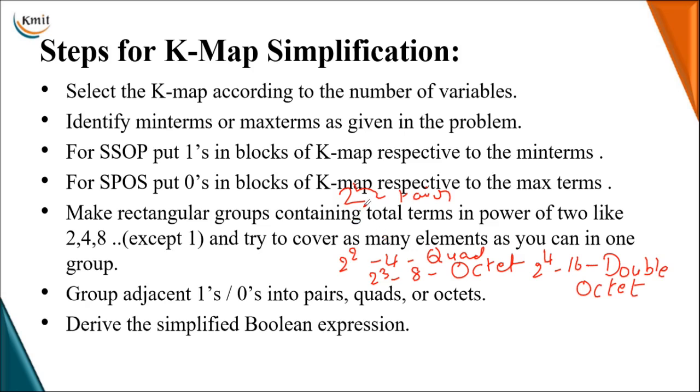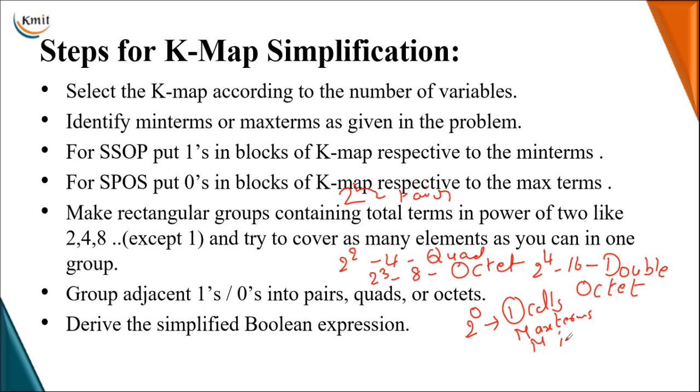In the worst case, we go for pair formation. If that is also not there, then we go for the isolated minterm, which is a single cell. A single cell represents a maxterm or a minterm, which is to be written as it is.